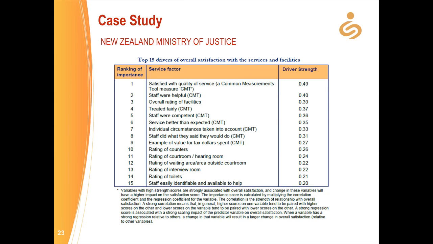Now, the study also identified priorities for improvement. The graph on your screen shows all identified drivers, not just the top 15 that you could see on the previous slide. The method used to construct this graph is based on derived importance, that is, correlation of each driver with overall satisfaction.